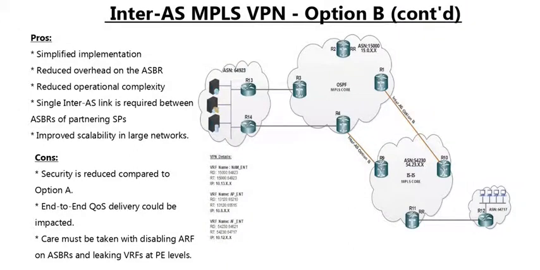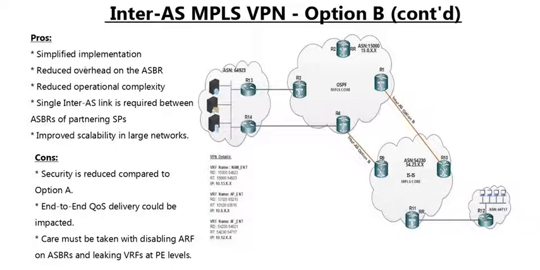So, the benefits and, of course, the drawbacks or considerations, as you may call them, when considering option B. There are lots of factors that can push you towards considering any of the options that are available. But it is always good for you to know what is unique to each of these solutions so as to make the best of your design decisions driven by the business requirement of your customer.